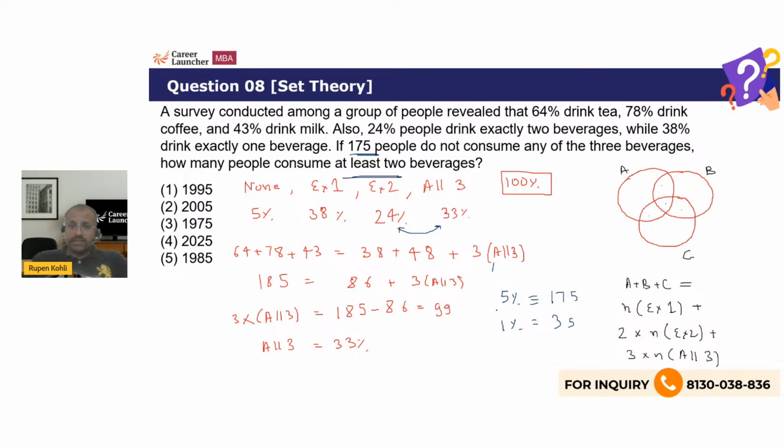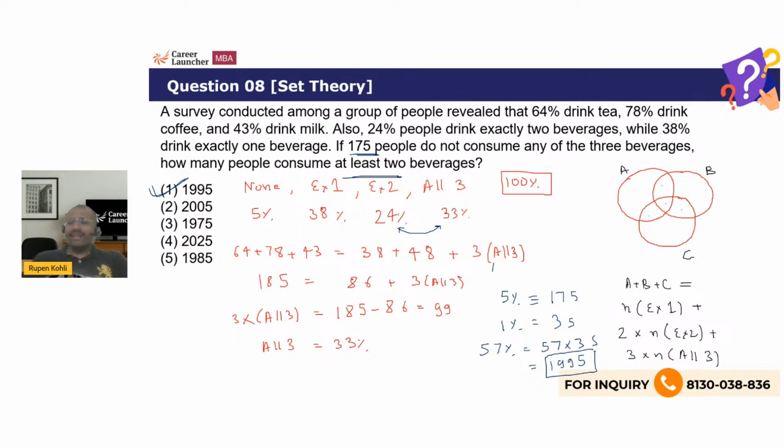So 1% is 35, so 57% is 57 into 35. Do that, you get 1995. That is your answer.